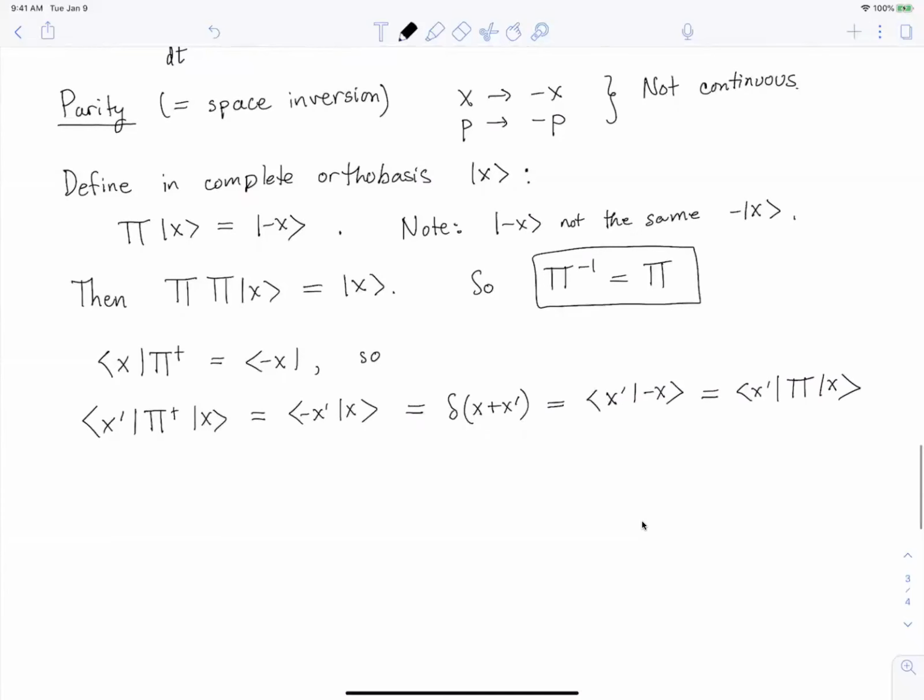Okay, and so what we've done is, for arbitrary x and x prime, we've computed the matrix element of pi dagger and pi and found out that they're always the same. So since this is true for every x prime and x, it must be true that pi dagger is equal to pi.